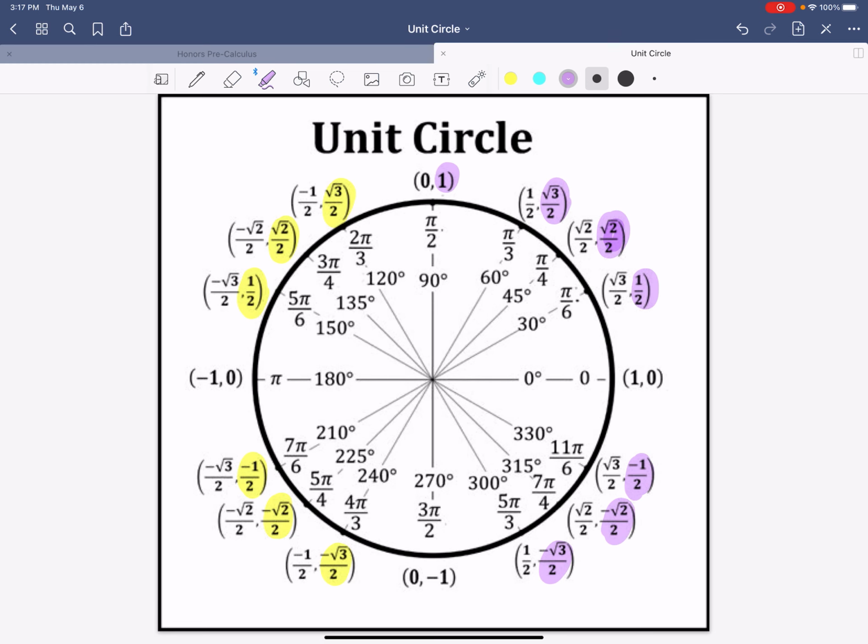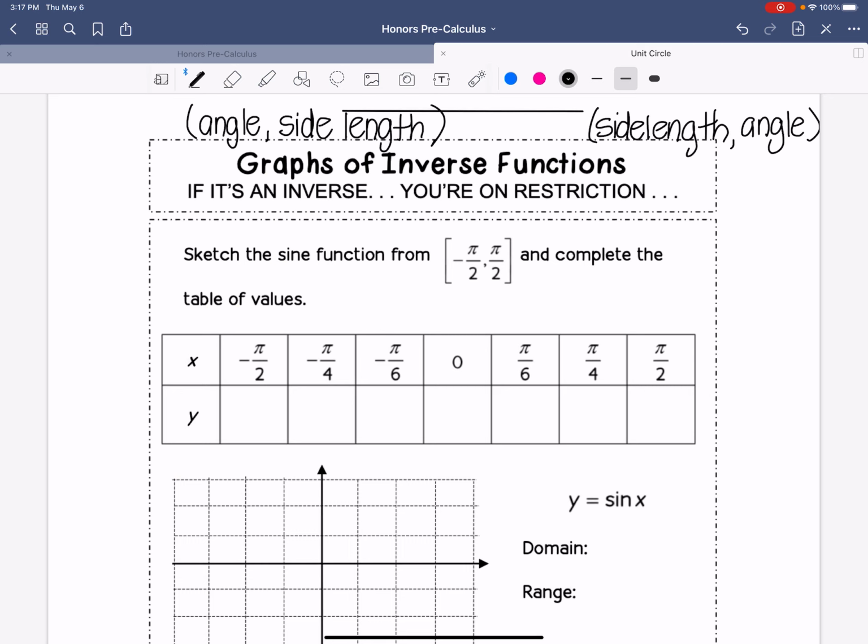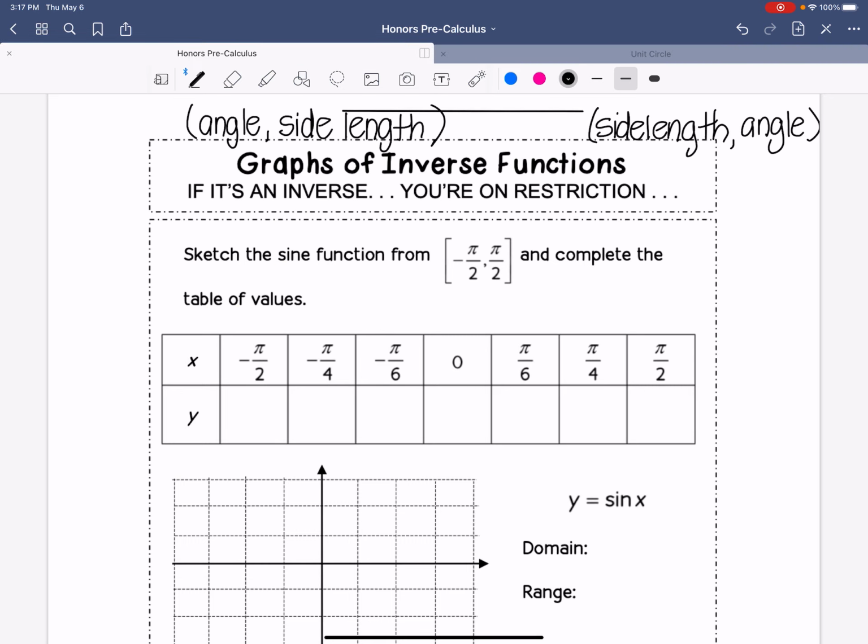Now, when we focus on quadrants 1 and 4, we're looking at the fact that this is 30 degrees, 45, and 60, and we're going to call this negative 30 degrees, negative 45 degrees, and negative 60 degrees in order for them to be connected like they would when we graph the actual sine and cosine on a coordinate plane.